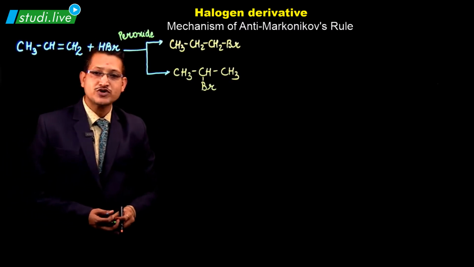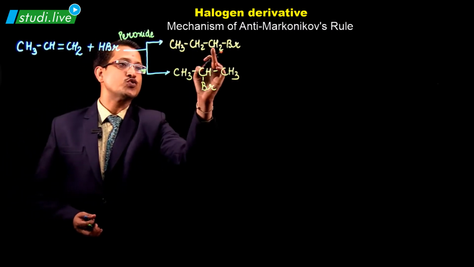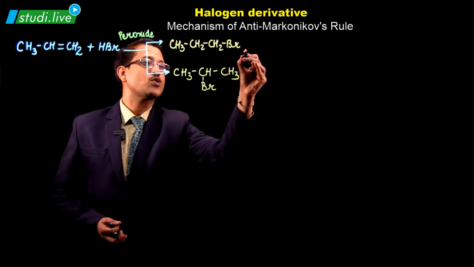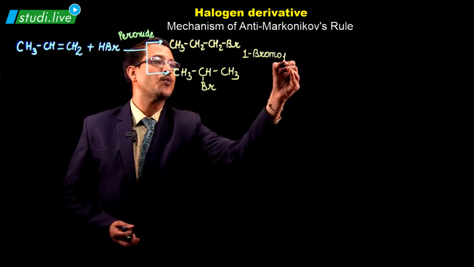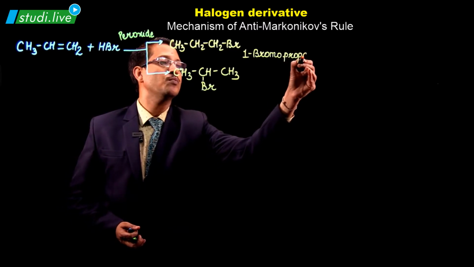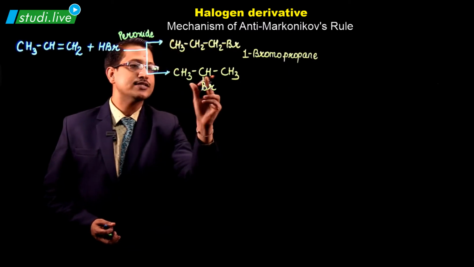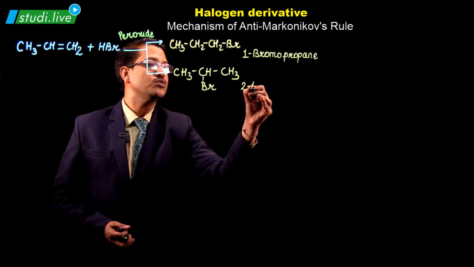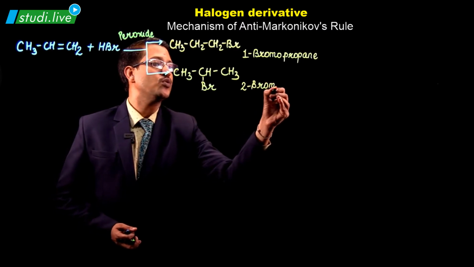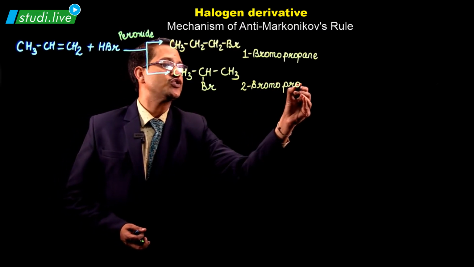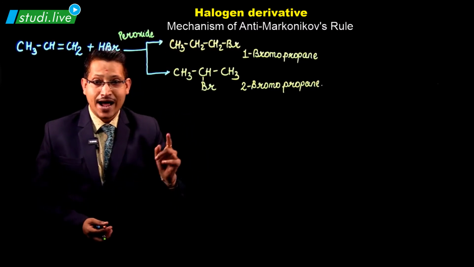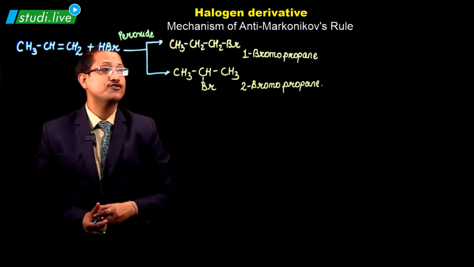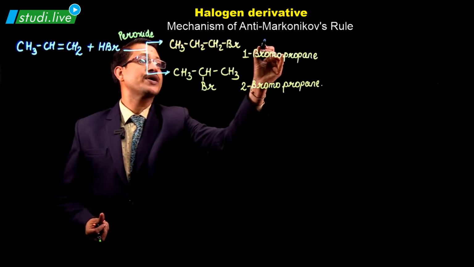The name of the first compound, CH3 CH2 CH2Br, is 1-bromopropane, and the second is called 2-bromopropane.